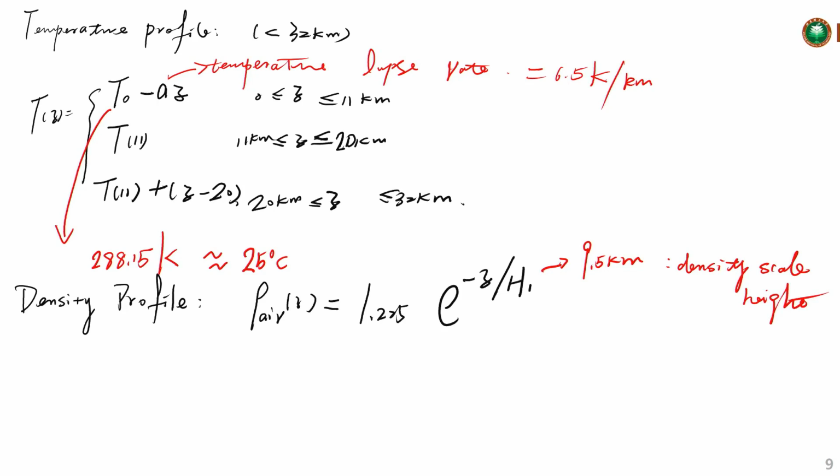This is the definition when theta is smaller than 10 kilometers.